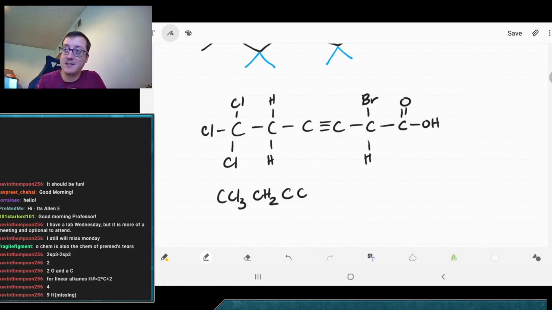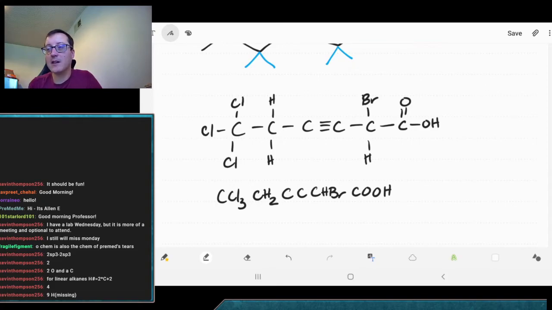We just have CC, carbon, carbon. We have CHBr. Typically you write hydrogens first. And then COOH. That's how we might write this as a condensed structure.